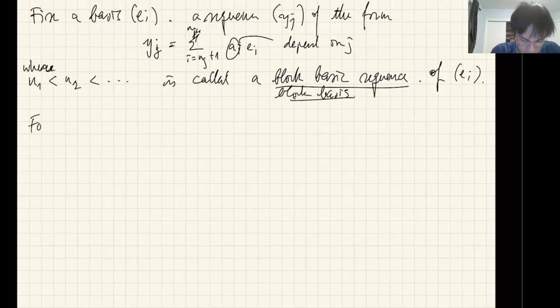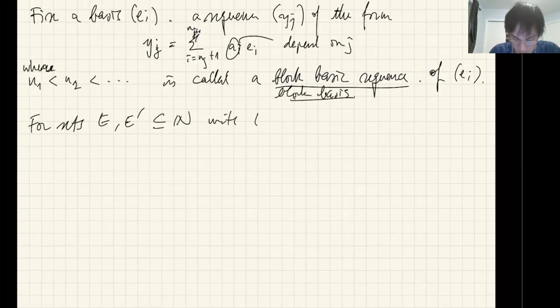Okay, for sets E and E prime of subsets of positive integers, we write E less than E prime if the maximum element of E is less than the minimum element of E prime.